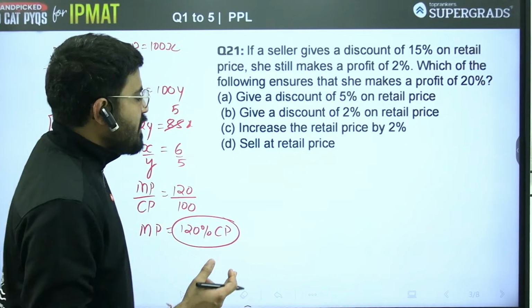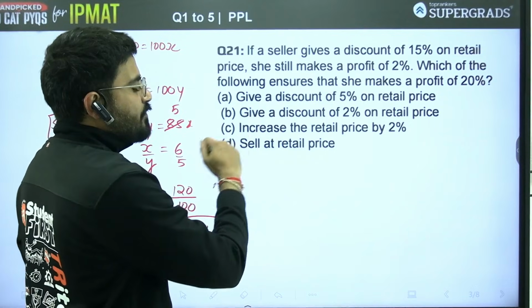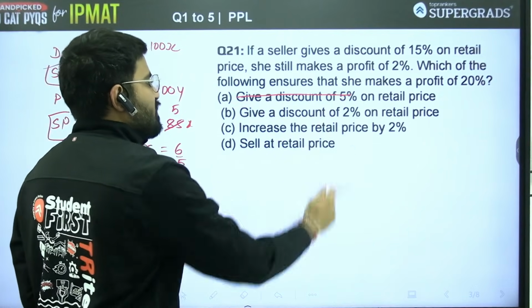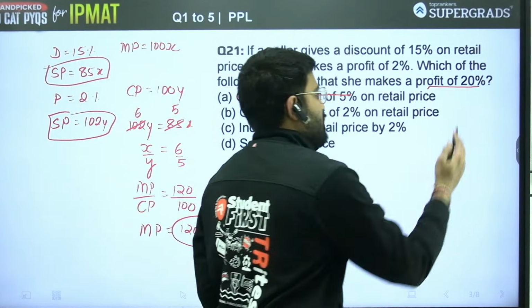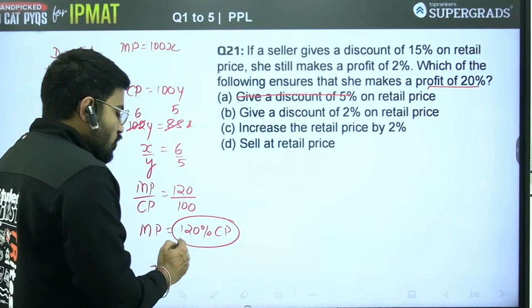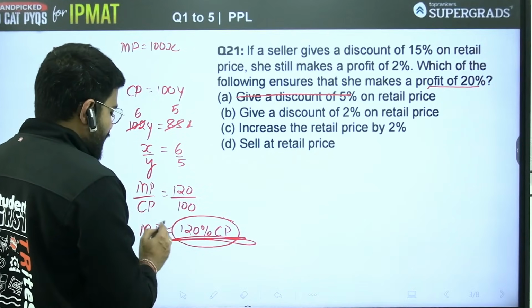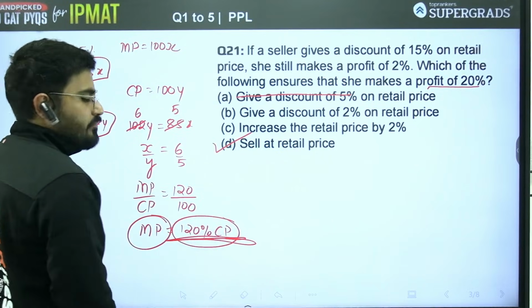Giving a discount of 5% on the retail price? No, if he gives a discount, he will not be able to make a profit of 20%, because the ultimate objective is to make a profit of 20%, which is only possible if he sells at the mark price, which is the retail price. So the answer is D.